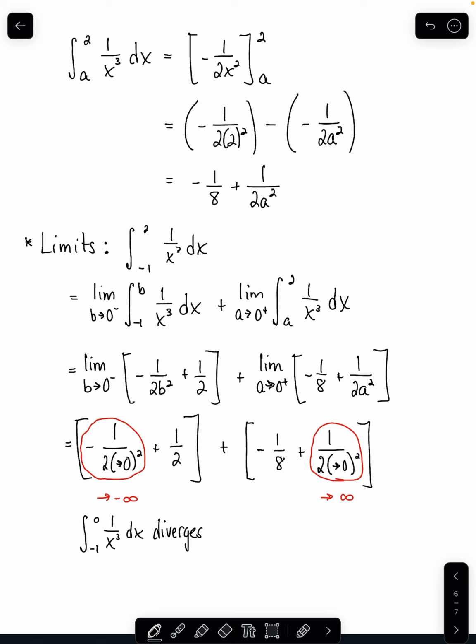What this shows us is that this second integral from 0 to 2 of 1 over x cubed dx also diverges.